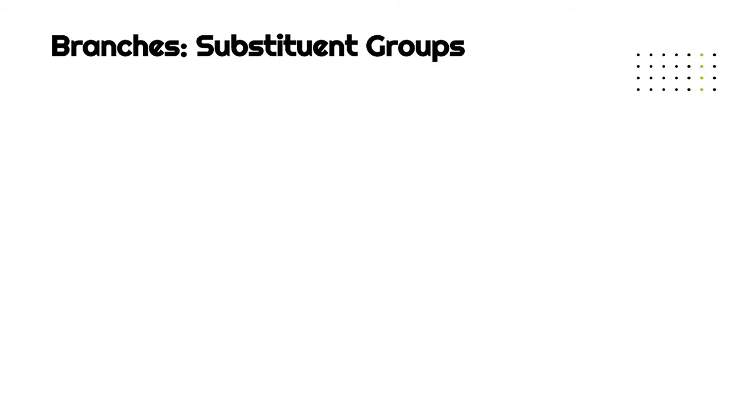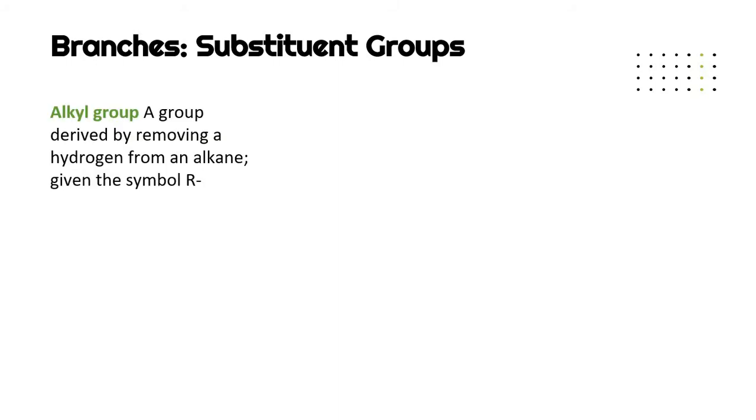There are different types of substituent groups. For this one, we have the alkyl group. Alkyl groups are derived by removing a hydrogen from an alkane and are given by the symbol R. So when you see this R dash symbol, it is used to represent an alkyl group.